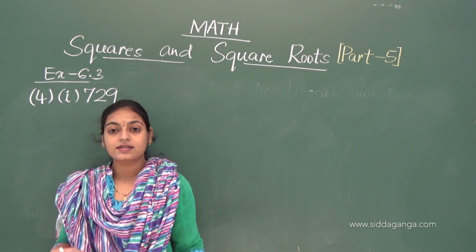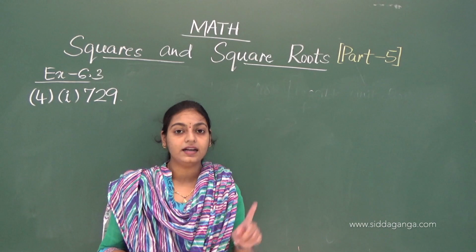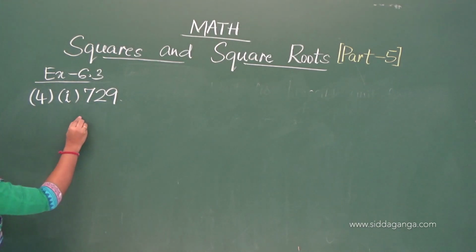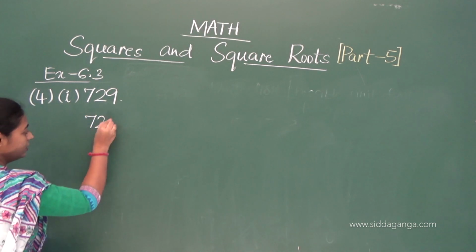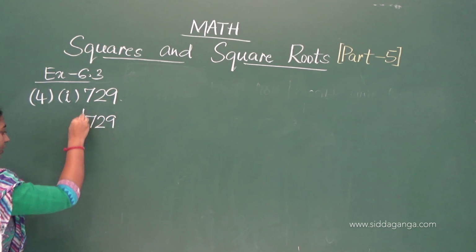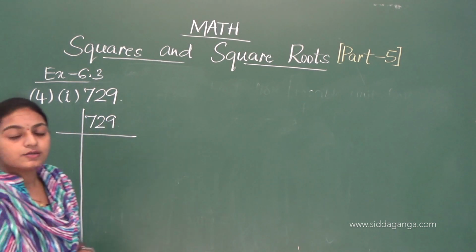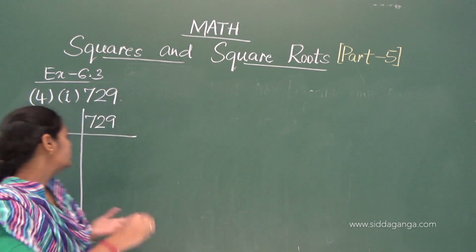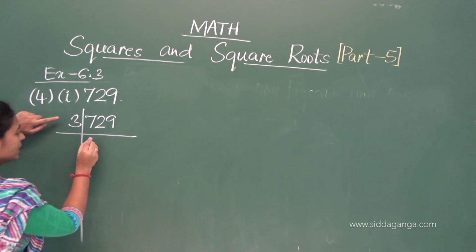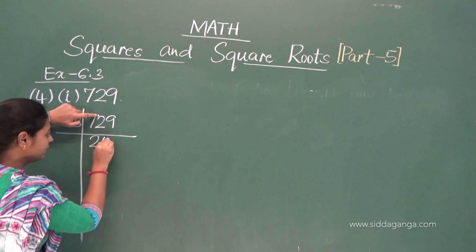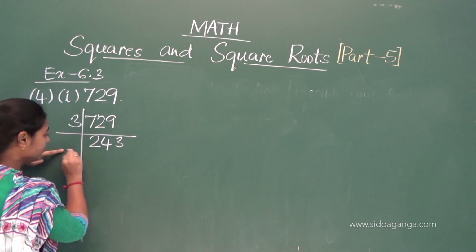What are prime numbers? The numbers which are divisible only by 1 and itself are known as prime numbers. So you will use prime factorization. 729. Here the units place is 9, so 2 will not divide. Check from 3. 3 2s are 6, 1 carried, 12, 3 4s are 12, and 3 3s are 9.